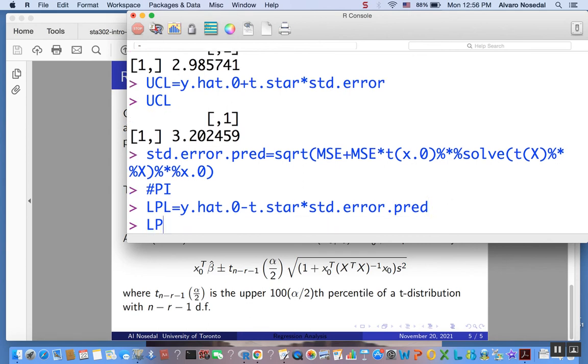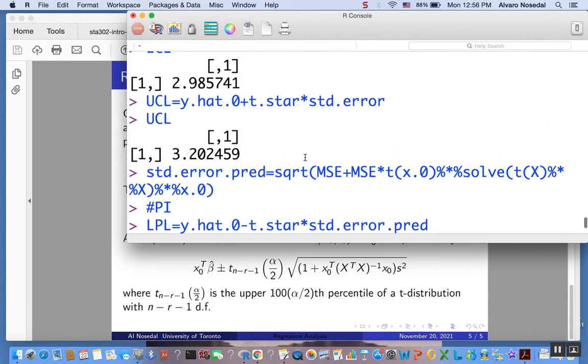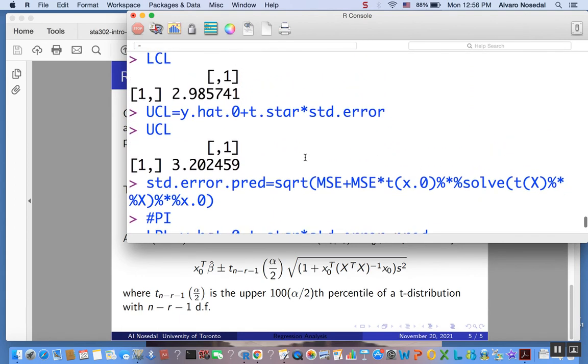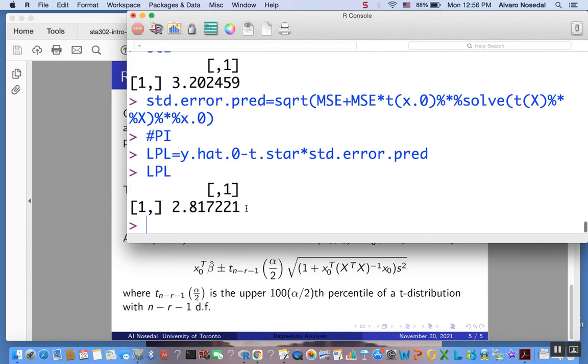So LPL is this. Note that it is to the left of the left end of the confidence interval. So that means that this one is wider. The prediction interval is wider, which makes sense because the standard error is bigger. We have an additional sigma hat squared here.